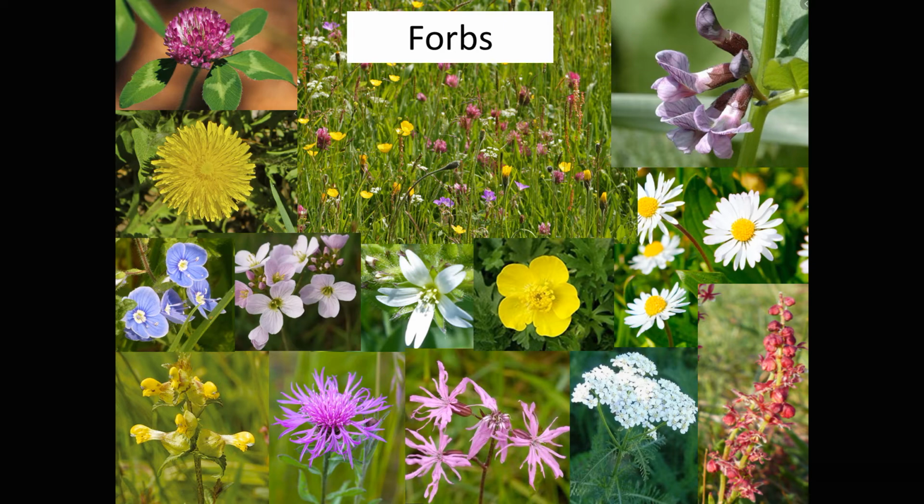Forbs are what we often think of as flowers. They are the bright, showy things that tend to have evolved to attract pollinators, so insect pollinators to disperse their pollen, and so consequently they provide pollen and nectar as rewards. They're showy flowers to attract these pollinators.